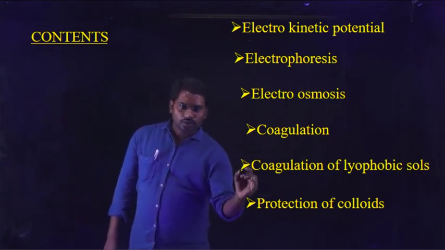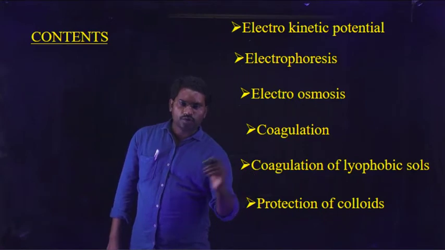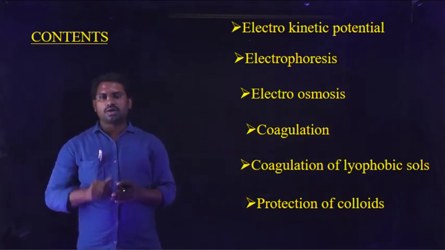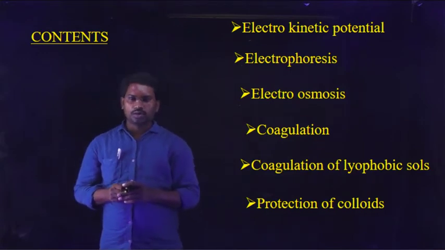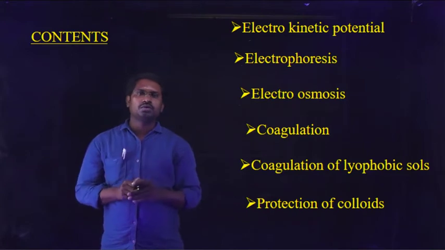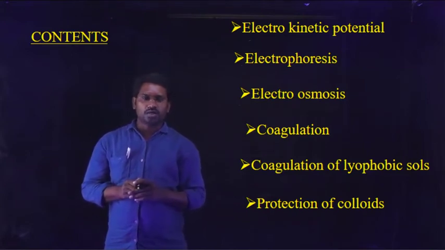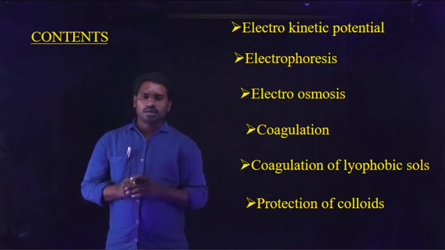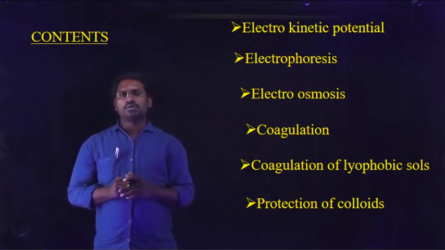And the next one is coagulation of lyophobic sols. Generally there are two main types of colloidal solutions: first, lyophilic colloidal solution, and second, lyophobic colloidal solution. Generally, lyophobic sols are much less stable compared with lyophilic colloidal solutions.